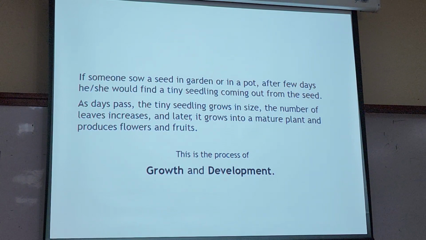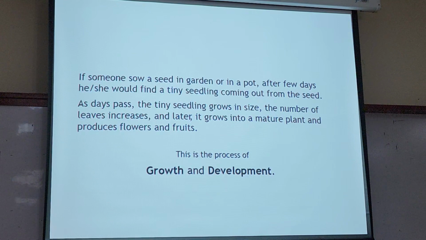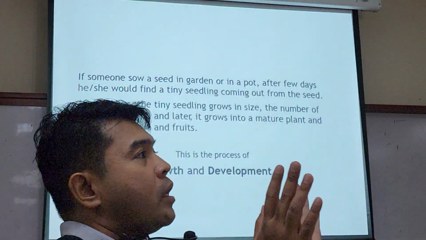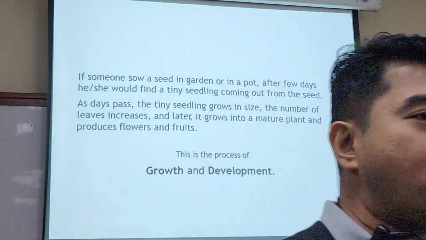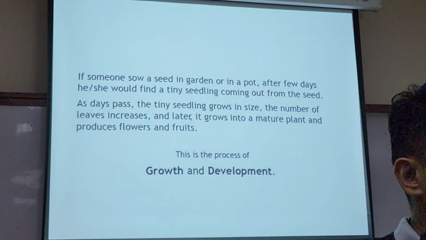So this whole series of events, you sow, it germinates, and it gets bigger and larger, from no leaves to 2, 3, 4 leaves, from no stem to a very tall and slender stem. From the seedling that looks probably spherical or very small, and then you get this mini plant.